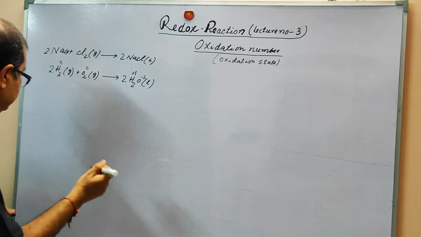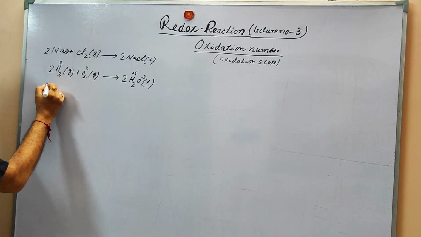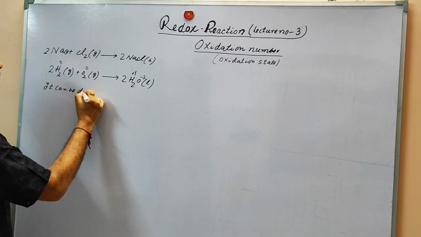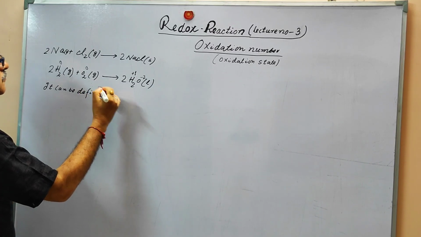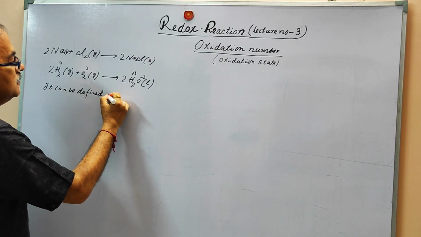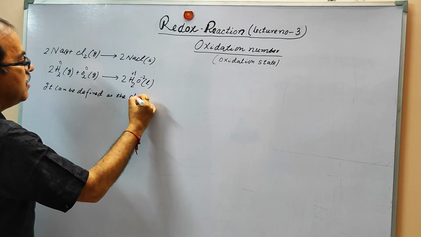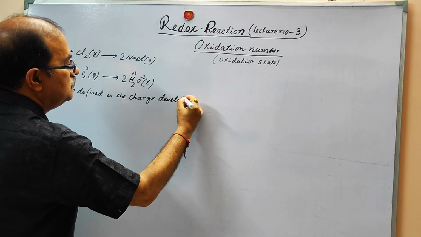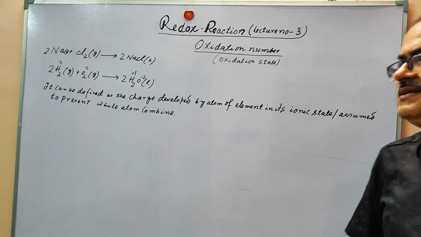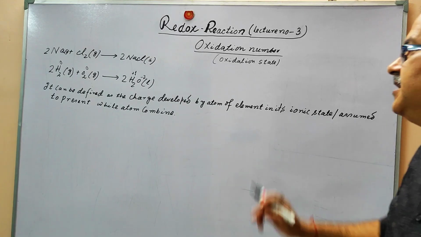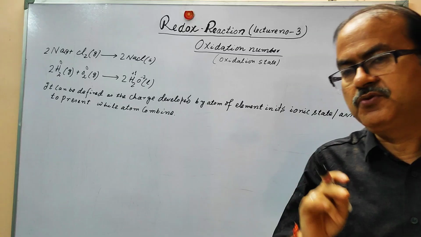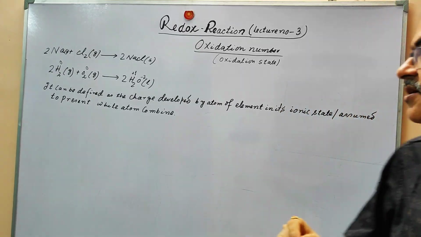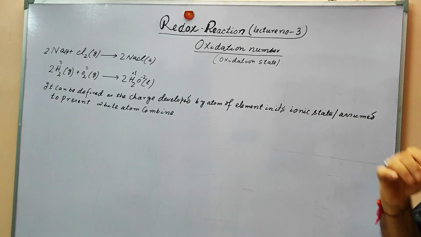So how do we define it more practically? Let us understand. It can be defined as the charge developed or the charge present on the atom of the element in its ionic state, or assumed to be present while the atoms are combined.